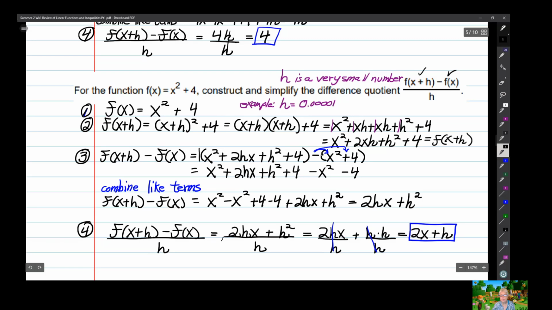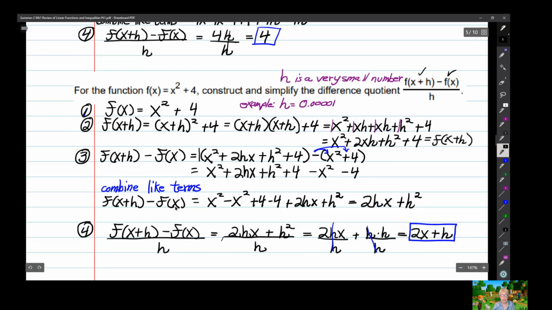But I have to distribute the minus sign to the positive x squared and to the positive 4. So that gives me minus x squared minus 4. This right here is what f of x plus h minus f of x equals.